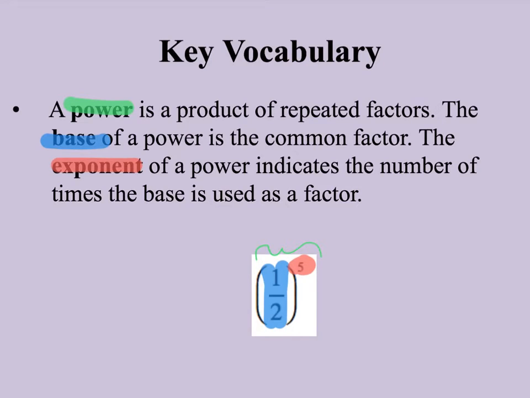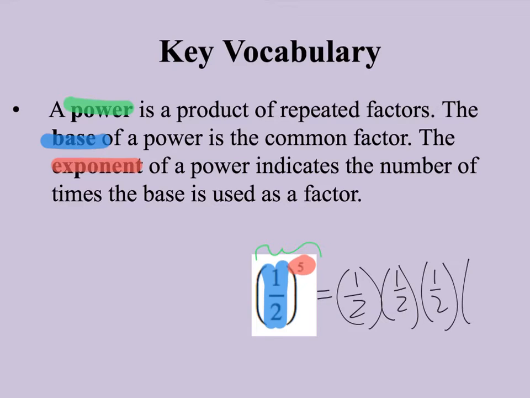In this case, I can rewrite my whole power in expanded form by saying 1/2 times 1/2 times 1/2 times 1/2 times 1/2. I've taken my base, which was 1/2, and used it as a factor 5 whole times to write my power in expanded form.